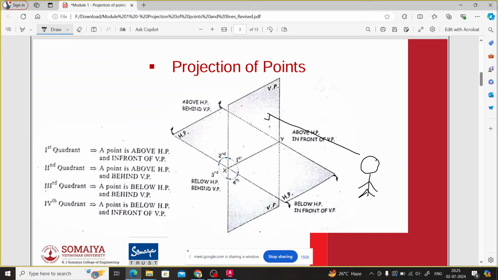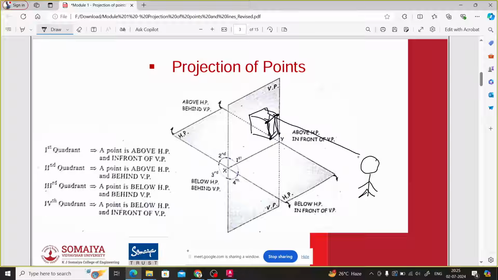Suppose the object is there like this. If we look at this object from the observer's point of view, suppose it has four corners: 1, 2, 3, 4. The rays coming from the object to the observer are assumed to be parallel to each other, since the observer is located at such a far distance.